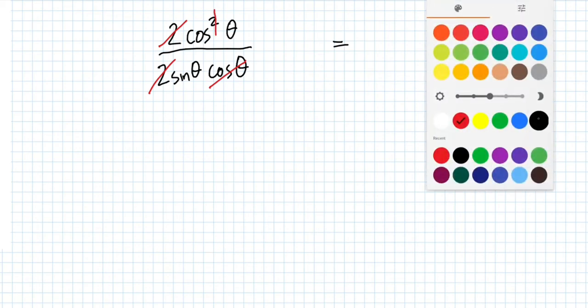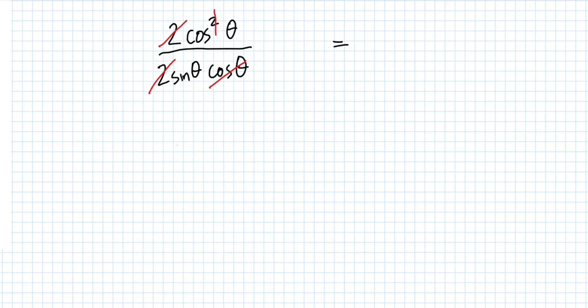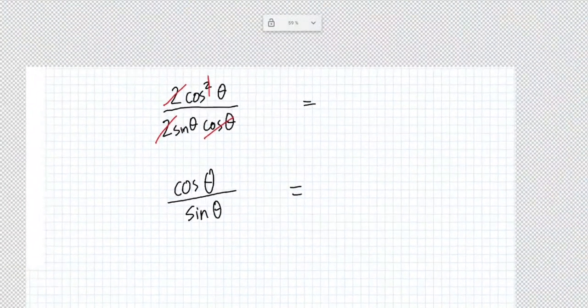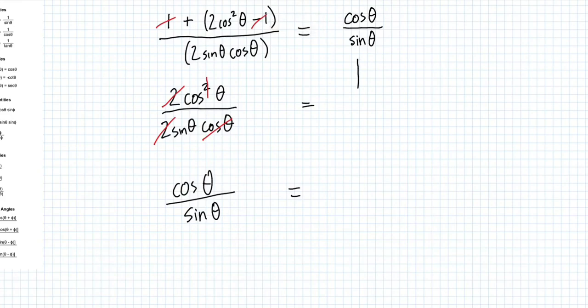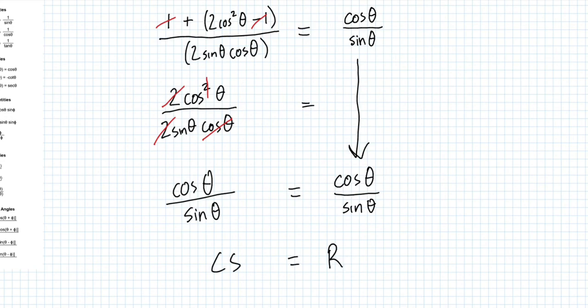So if we rewrite this, we'll just be left with cosine theta as the numerator all over sine theta as the denominator. When we look at our right side, bring this down, it's very simply cosine theta over sine theta. We're all done. Our left side equals our right side.